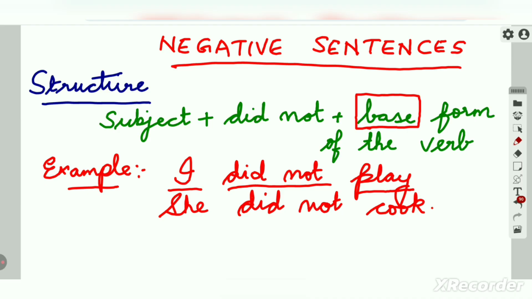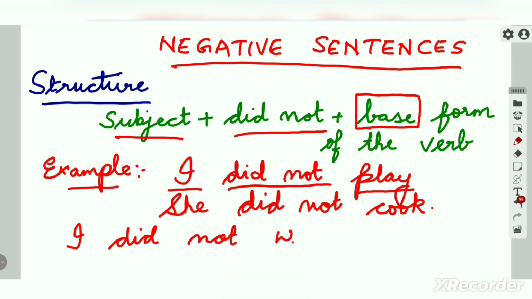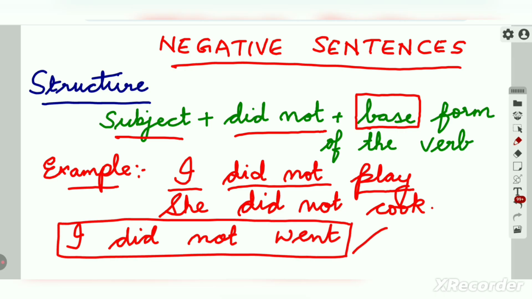Many students make mistakes in negative sentences. You should always remember that in negative sentences, the verb is in its base form and not in the past form. When you form negative sentences, it is subject plus did not plus base form of the verb. That is, we should not say I did not went. This is absolutely wrong.